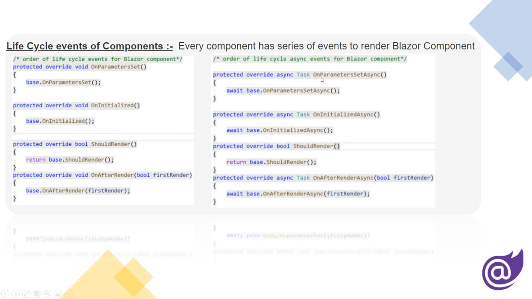This is not a problem, but with asynchronous communication we cannot use dot result. If you use dot result, that is a separate thread, and it will monitor the thread until that thread's work is completed. That is the reason we are not using normal methods. We are using asynchronous methods for asynchronous communication.